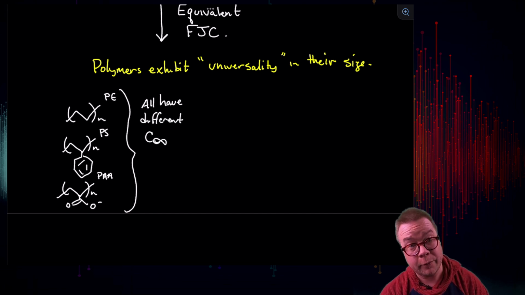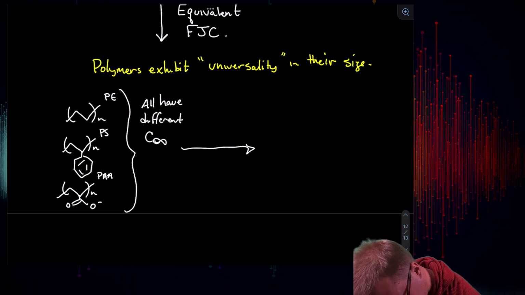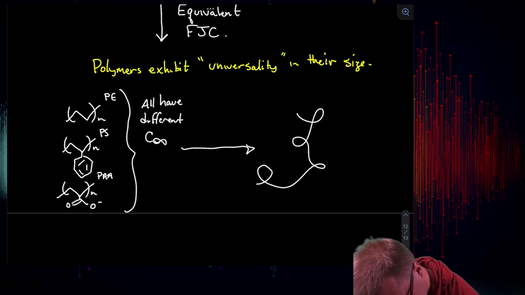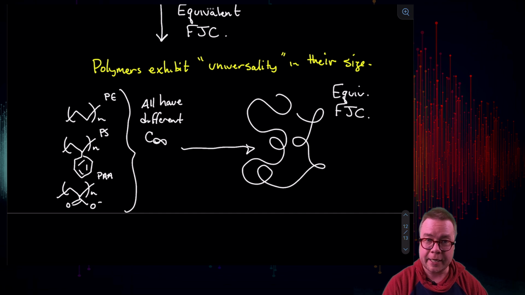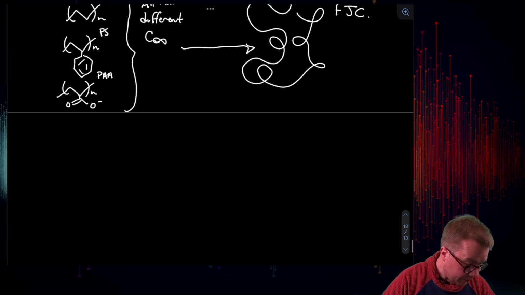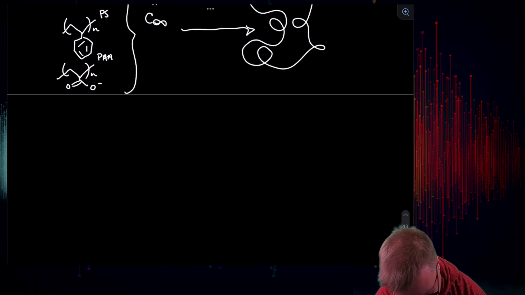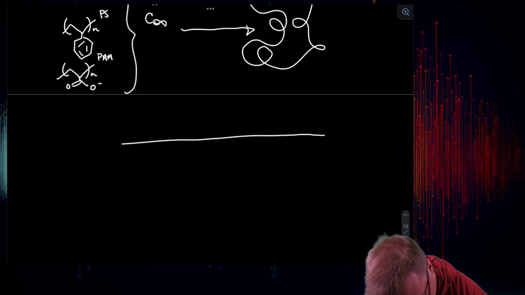But what we would like to do though is translate them so that all polymer chains kind of look like this. So we're turning them into an equivalent freely jointed chain. So what I mean by that is, first of all, we take the polymer and we stretch it out.